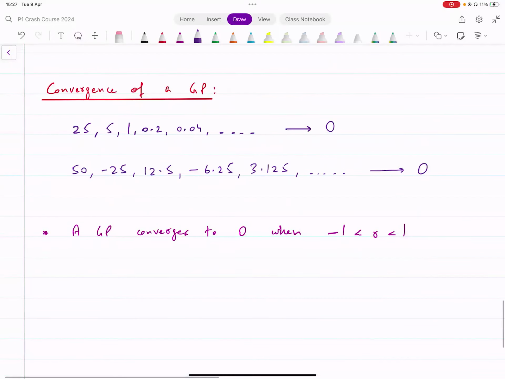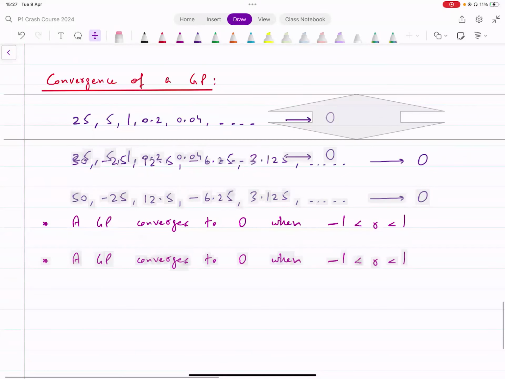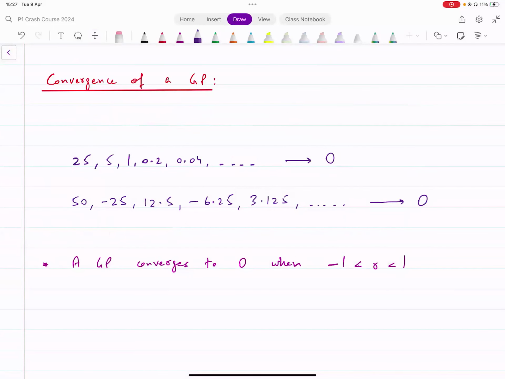So these two sequences are convergent sequences, as opposed to another sequence that we wrote above. I think it looked something like this: 2, -6, 18, -54, 162, and so on. This is going towards either positive infinity or negative infinity. This is not converging to 0.